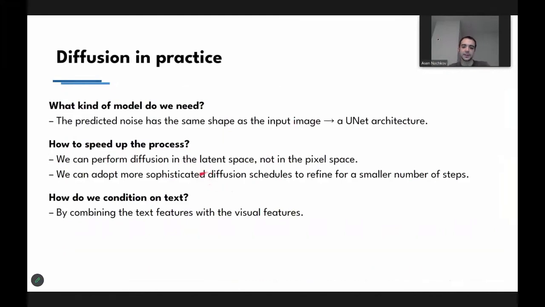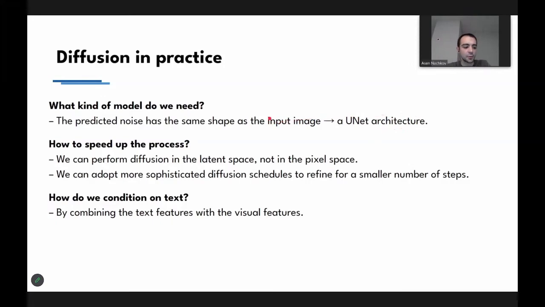So in practice, diffusion models tend to be quite large. Remember that we have to predict noise, and this noise has the same shape as the image, which forces us to use a UNet architecture or some kind of autoencoder, but a UNet is very, very standard.